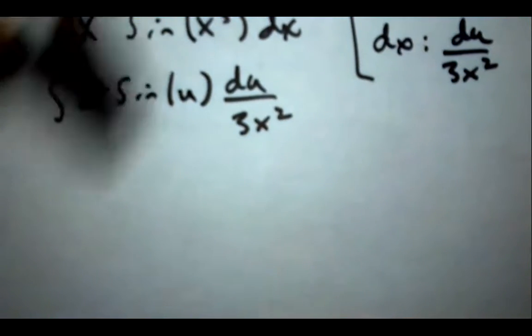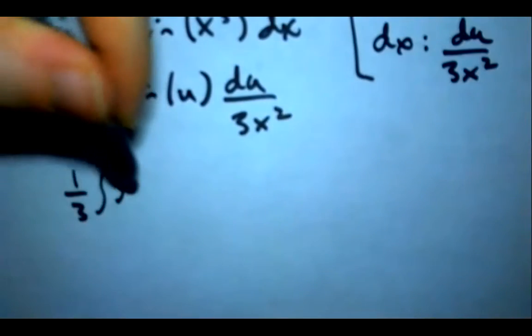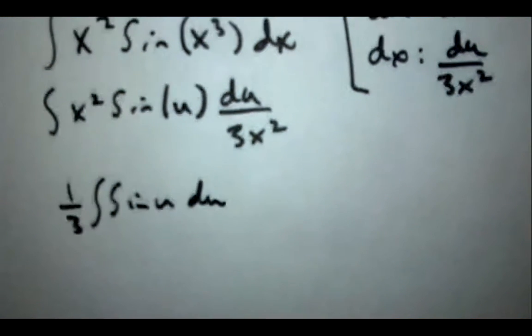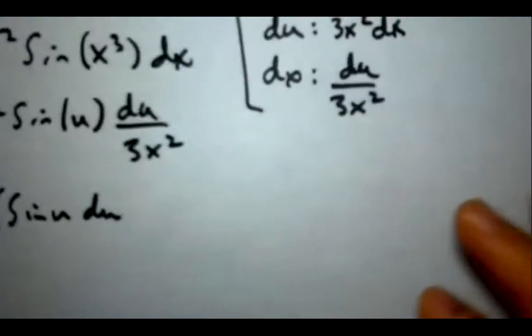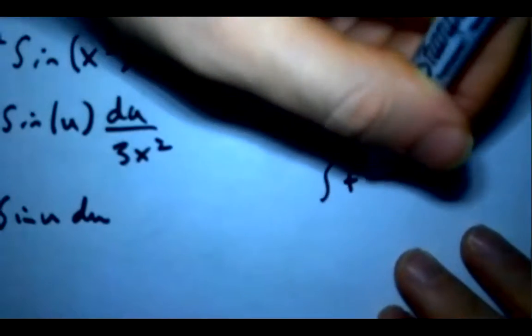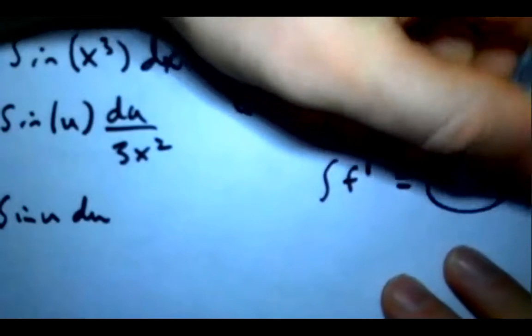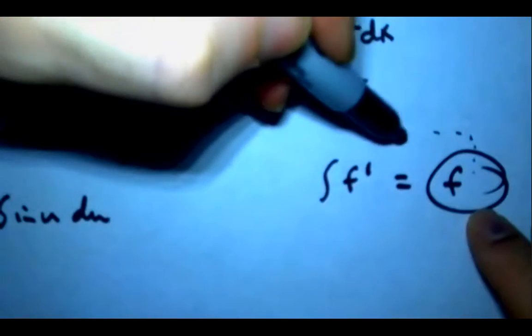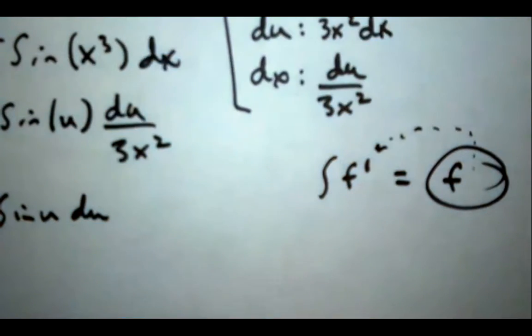I think we can just hop through this real quick, right? The x squareds cancel. We've got 1/3 integral sine u du. Careful when you integrate because you don't want to do all this stuff correctly, then screw up at the end. So anytime you're doing a trig integral, you try to solve the riddle, the integral of f prime is equal to f. What do I put in here such that when I take its derivative, it'll take me back to what's inside the integral?